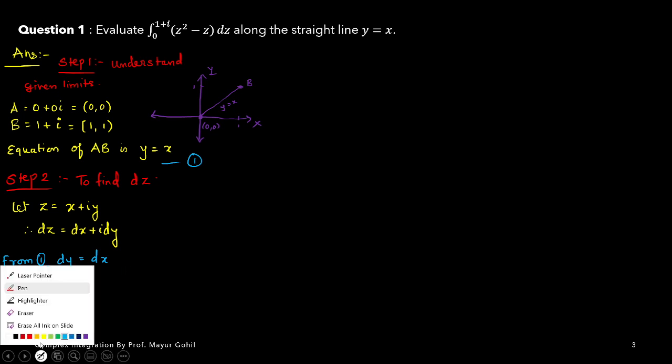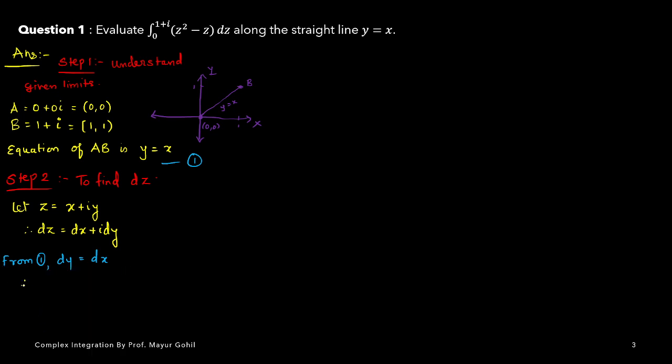Therefore we have dz equals dx plus i dx. Now if I take dx common, I get 1 plus i dx.